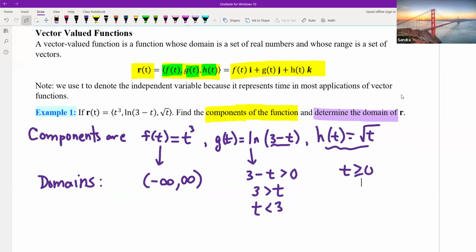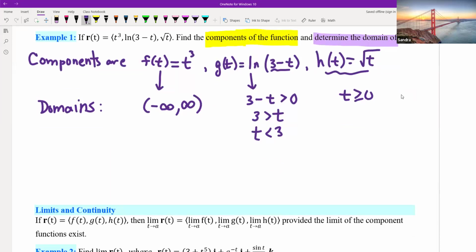Okay, now you don't have to put it on a number line, but you can. It really does help some students. I am looking for the overlap between all 3 of the components together. The first one gives me all real numbers, which is great. It takes every number.